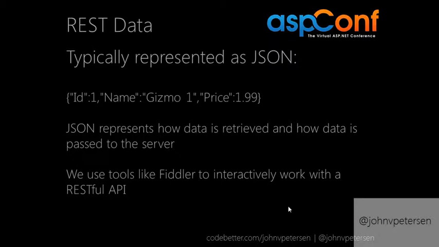So the REST data is typically represented as JSON, JavaScript Object Notation, a series of key value pairs. If you're familiar with a NoSQL database like RavenDB or Mongo, this is the native data format for JSON. It's one of the nice things about JSON that this is a very ubiquitous data type.